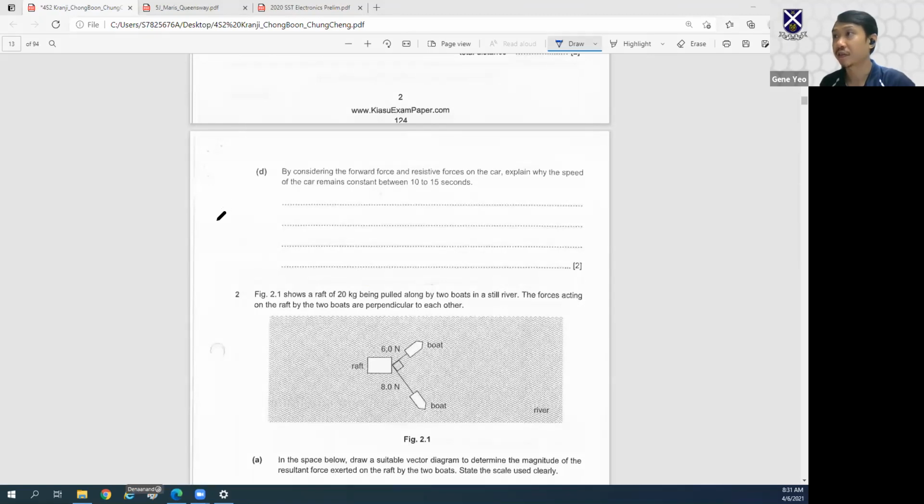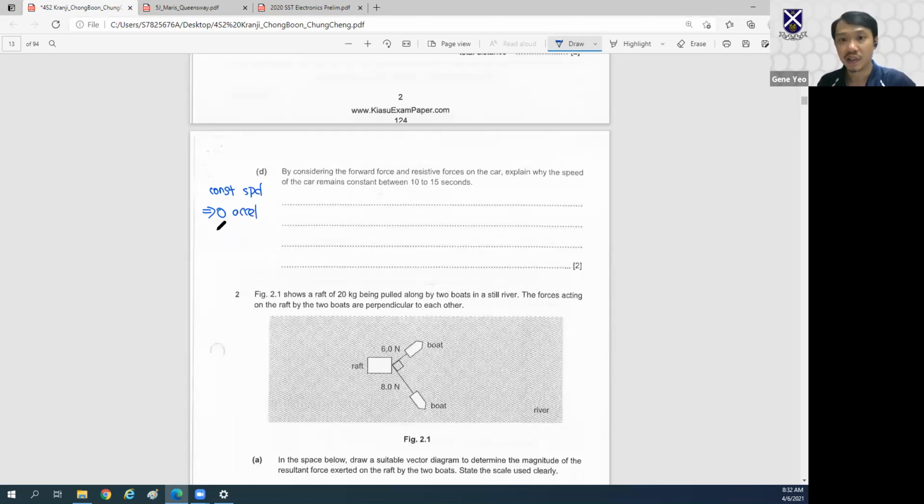Whenever you have a constant speed, what this means immediately is that you have to know that there is zero acceleration.